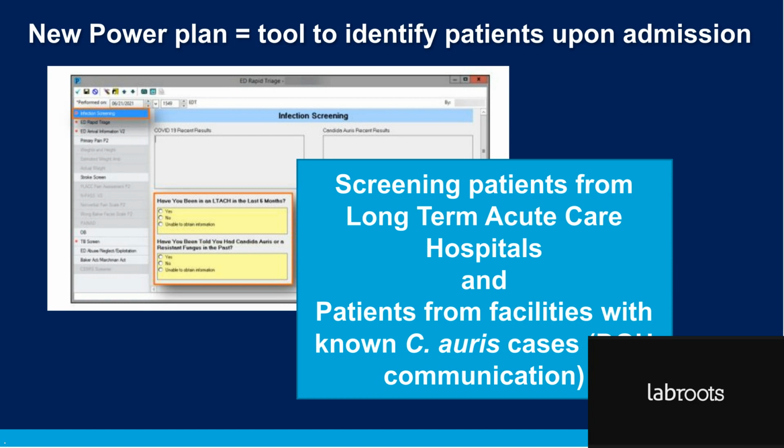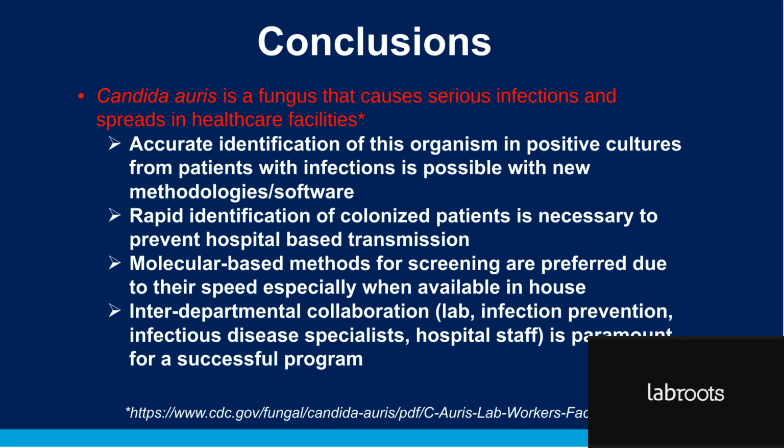Having said all of this, I want to conclude with a few thoughts. I think I've imparted on all of you that Candida auris is a fungus that has very serious consequences and is spreading in healthcare facilities in the U.S. as well as the rest of the world. Accurate identification of this organism was not always possible in the past. However, new methodologies and new software are available, so accurate identification of both infections in positive cultures as well as colonized patients is now possible.